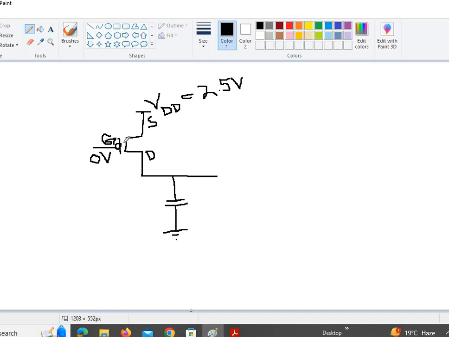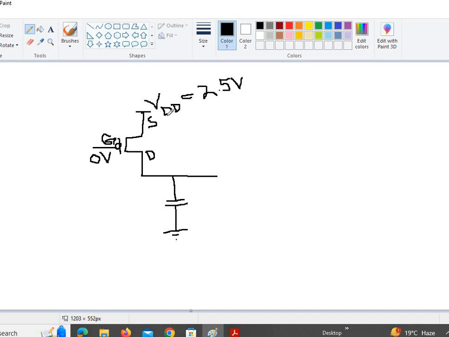Because VGS is equal to minus 2.5 volts, it's above the threshold voltage. In a 2.5 micrometer technology, the threshold voltage is around 0.4 volts. Or to be more exact, I would say that the magnitude of the threshold voltage is around 0.4 volts for 2.5 micrometers technology.